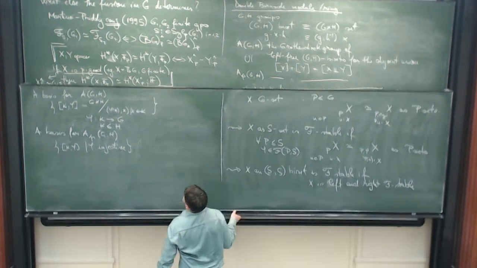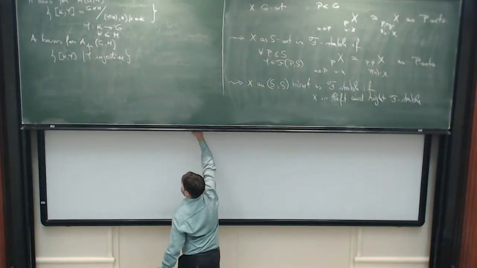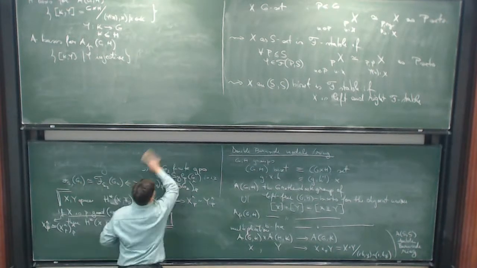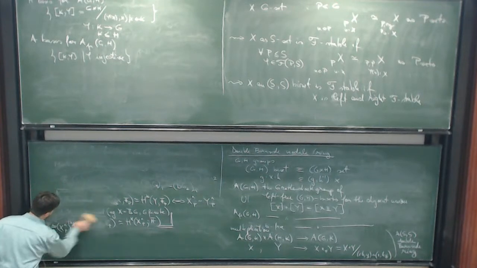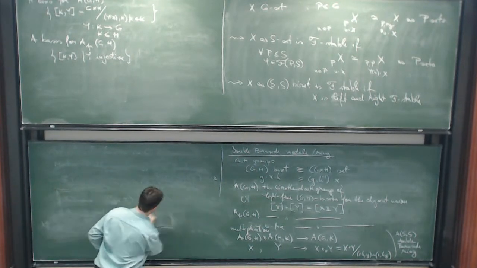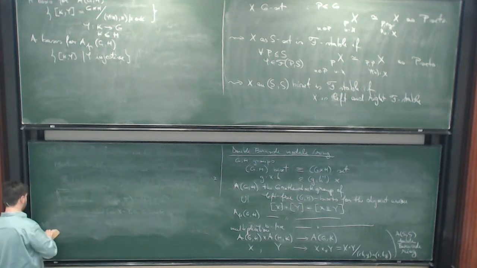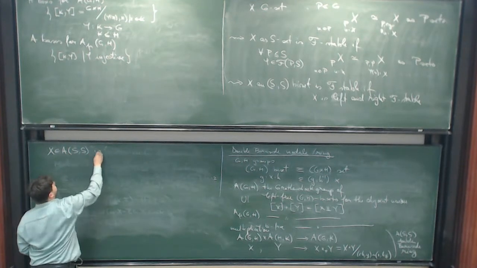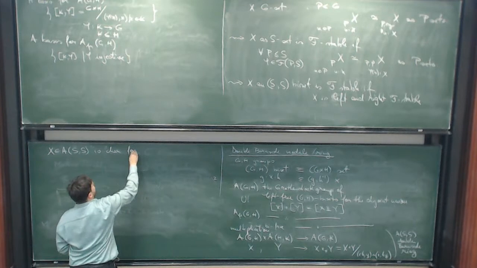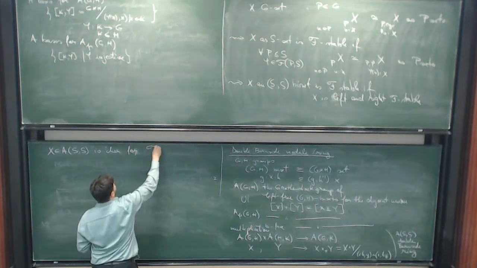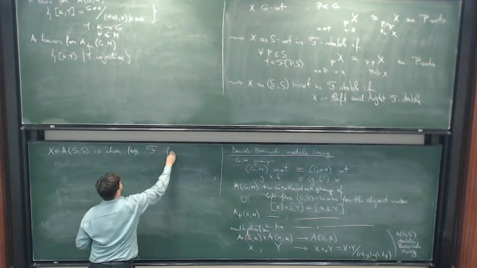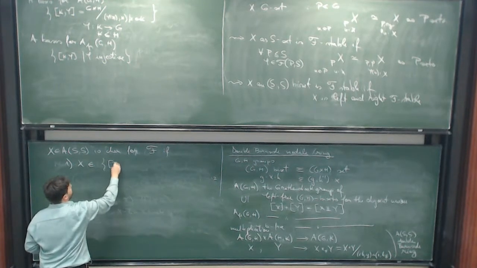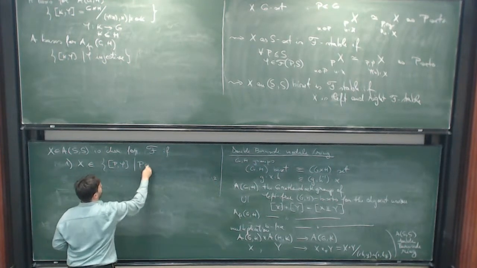Let me just introduce, just to see a glance of the results here, what a characteristic biset for a fusion system is. X, an S biset, is characteristic for a fusion system F if we have different things. First, X is F generated, meaning that it is constructed by all the fusions.